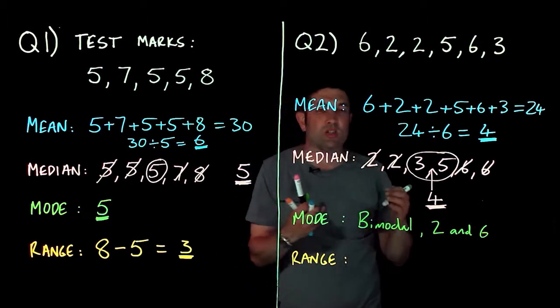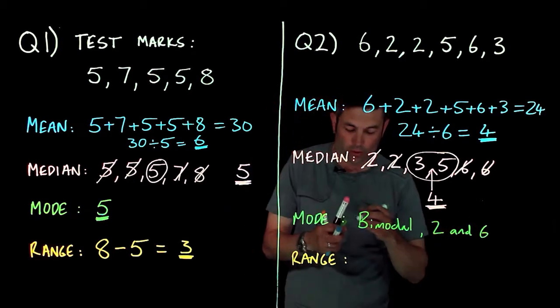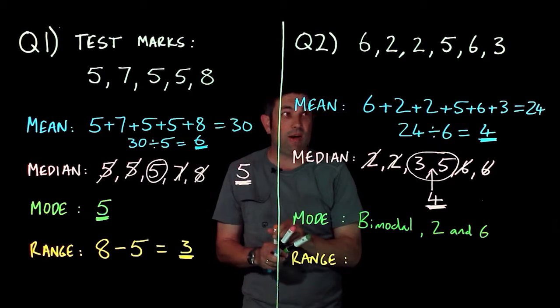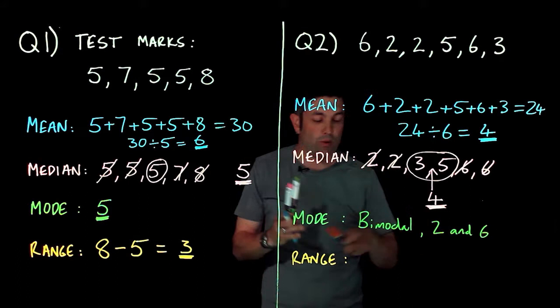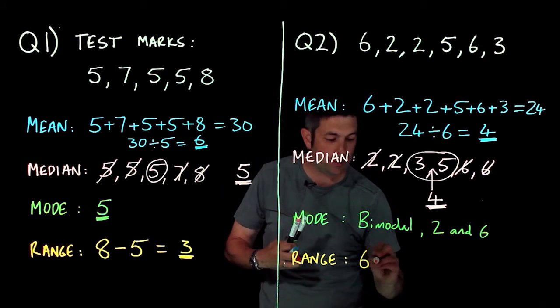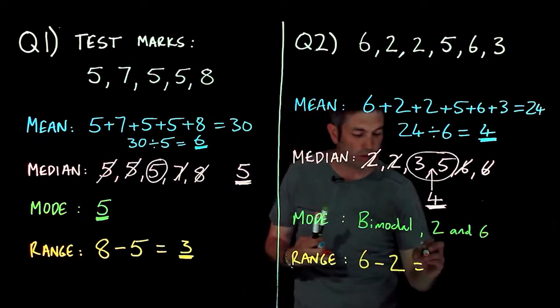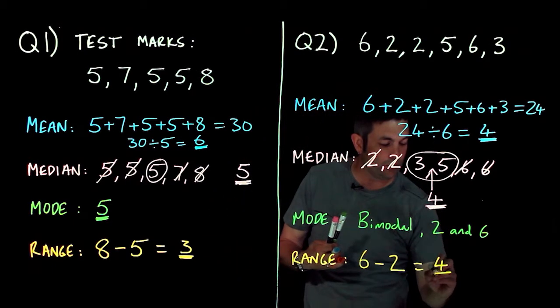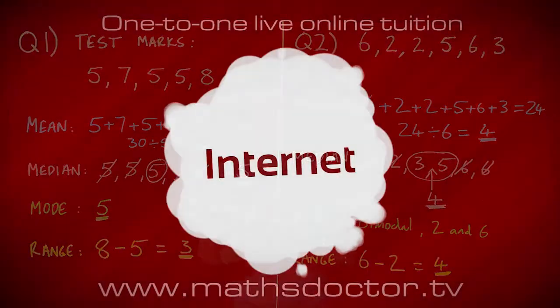But there's not one single mode, so we can write bimodal and put both numbers if you want to. Now again, range is not an average, it's just a measure of spread. So we do the highest, take away the lowest, so 6 is the biggest number there, 2 is the smallest number there, and find the difference, and we get 4. So the range is 4.